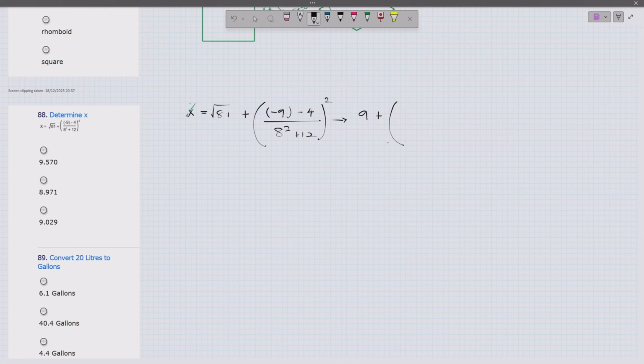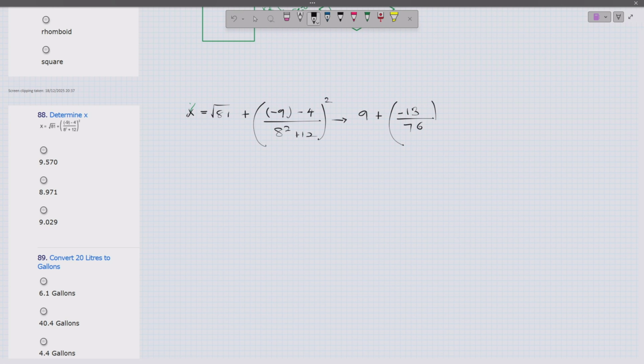Minus 13 divided by 8 squared is 64 plus 12 is 76, all squared.